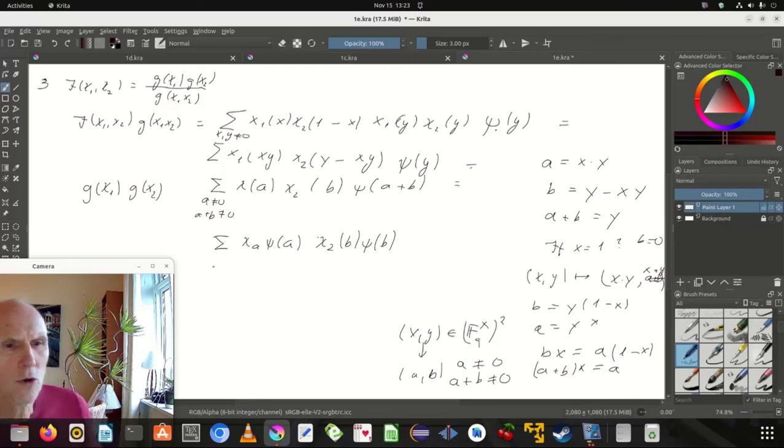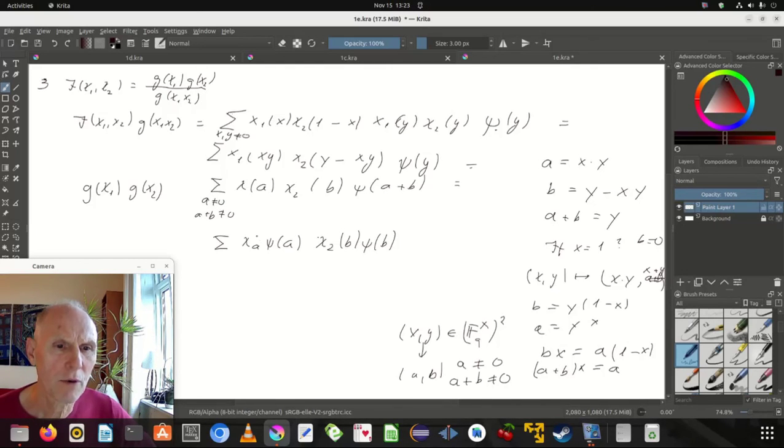Well, we're almost home. That A need not vanish is irrelevant because chi of A then vanishes. But the sum here, that shouldn't have been. It should have been B not vanishing.